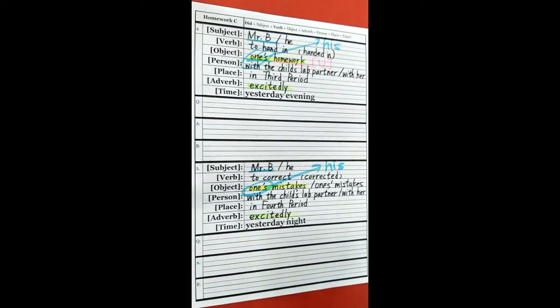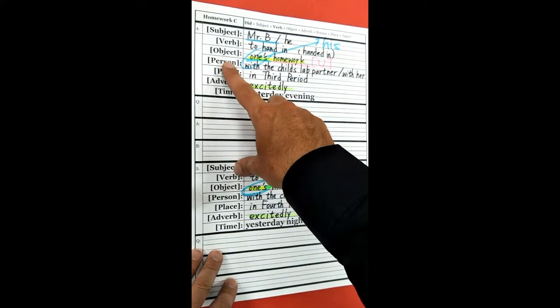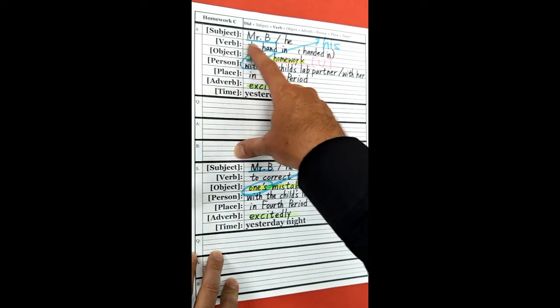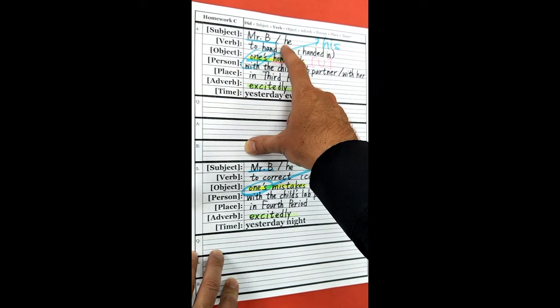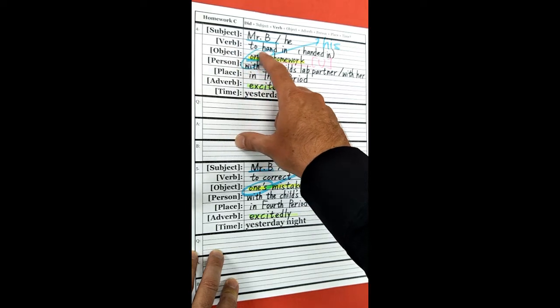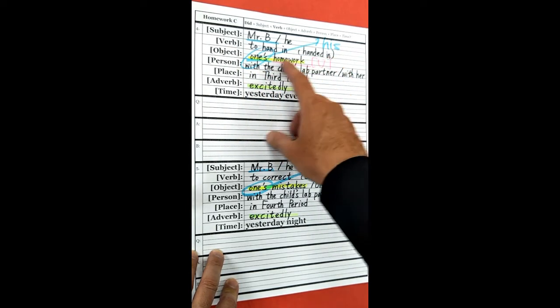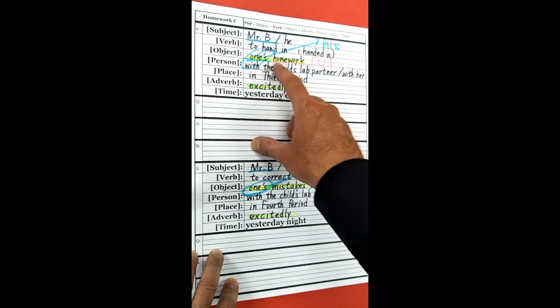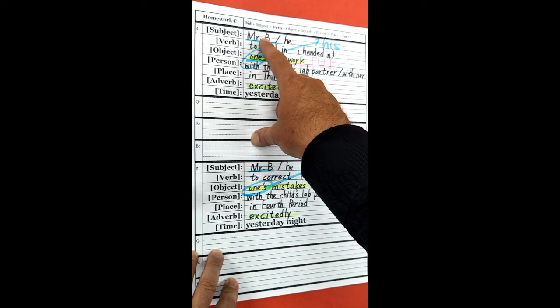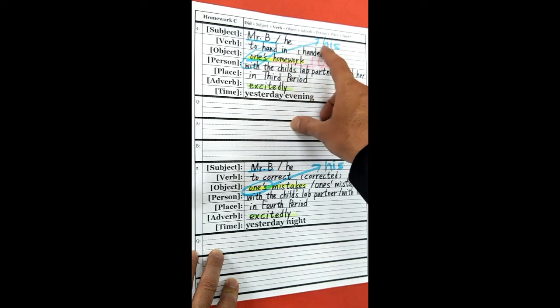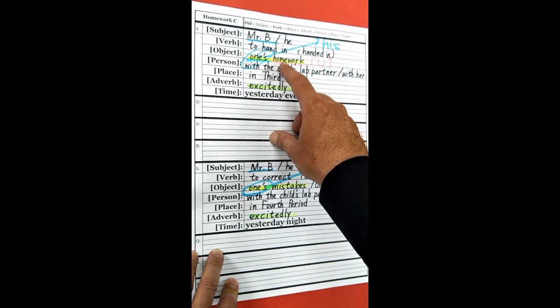Very good. All right, let's look at number 4. Subject, Mr. B, he. Verb, to hand in, handed in. Object, one's homework. Well, Mr. B is going to hand in his homework.